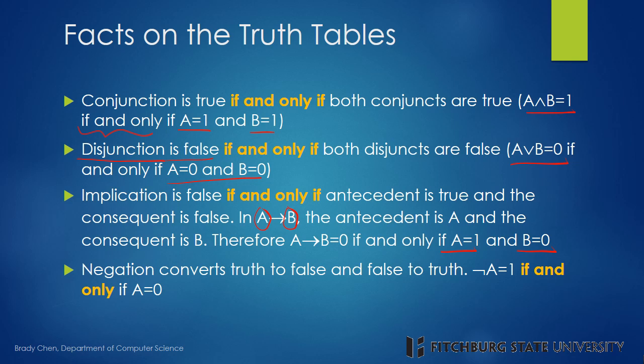Then A implies B is false. That's the only case when A implies B is false: A is true and B is false. Negation is pretty simple. It's very straightforward. Negation converts true to false and false to true. Okay.